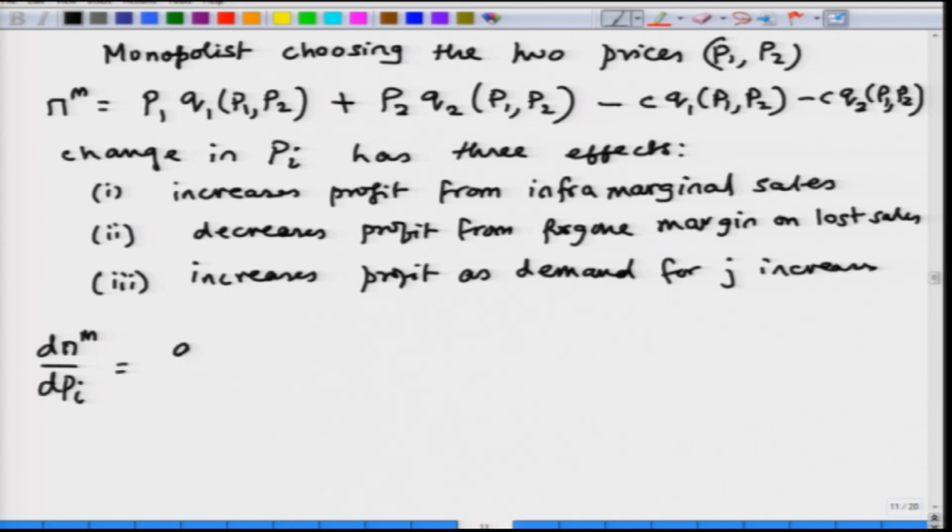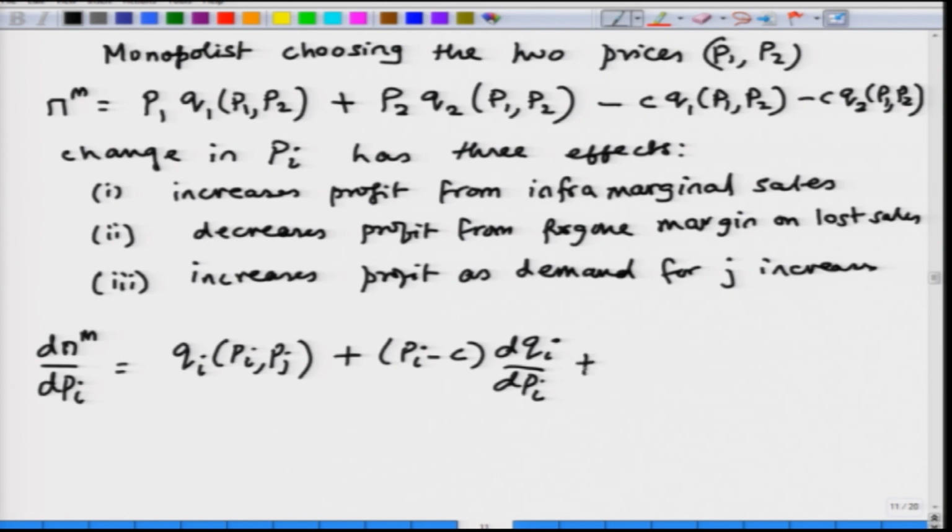I would have Qi of Pi, Pj, right, and if I were to simplify the expression, I would get a Pi minus C times dQi/dPi, right. So, if I split it and combine the expressions, 1 times dQi/dPi coming from here and then a minus C dQi/dPi coming from there, plus I would have a Pj minus C times dQj/dPi, right, which must be equal to 0. I am suppressing the arguments of these quantities.